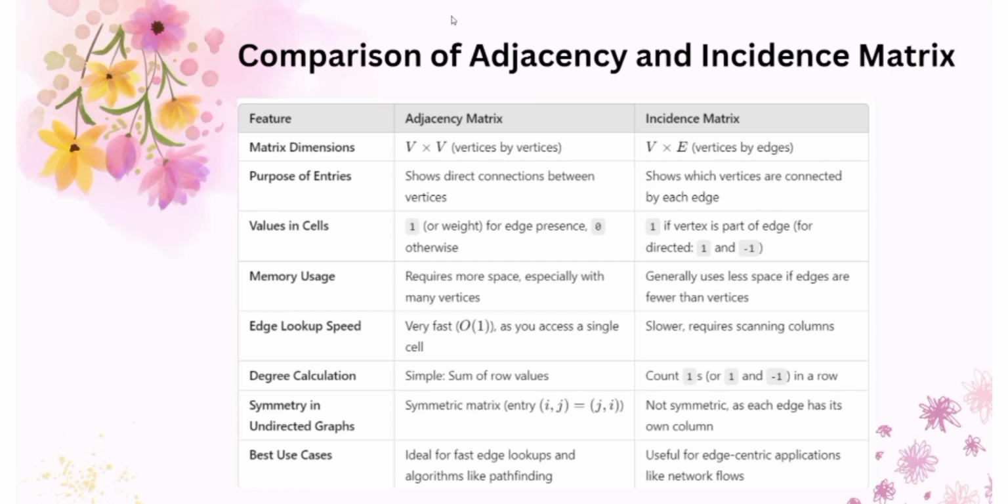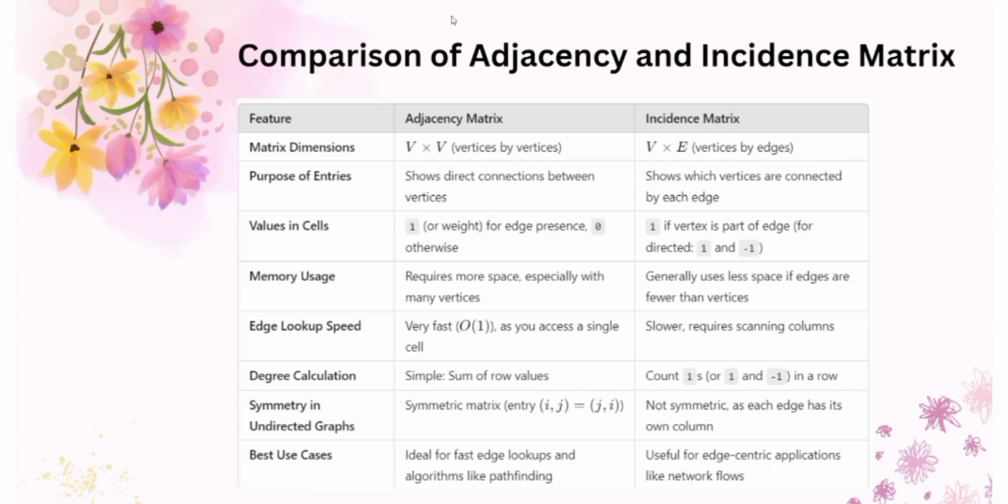have a 1. Whereas in case of incidence matrix, each cell shows which vertex is part of an edge. For each edge, the column marks the vertices it connects. So, for example, if edge 1 connects vertex A and vertex B, both A and B will have a 1 in the column for edge 1.